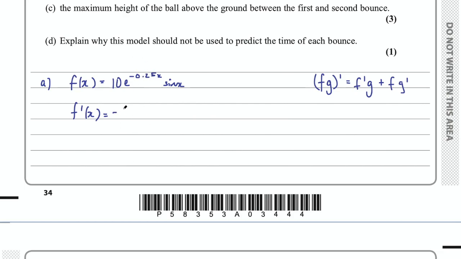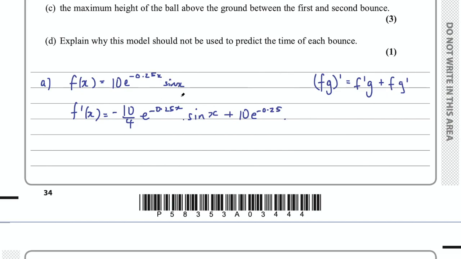This would be negative a quarter times 10, or 10 on 4, e to the negative 0.25x. And the derivative of e is just itself, so that would be the derivative of the first function. This is multiplied by g as it is, so sine x, and then we add on f, which was 10e to the negative 0.25x, multiplied by g prime.